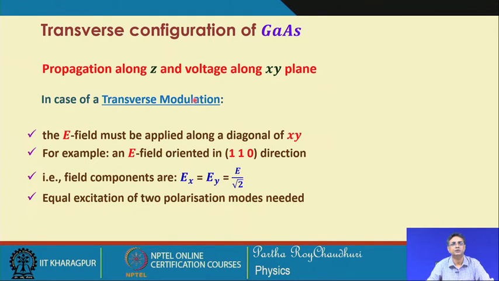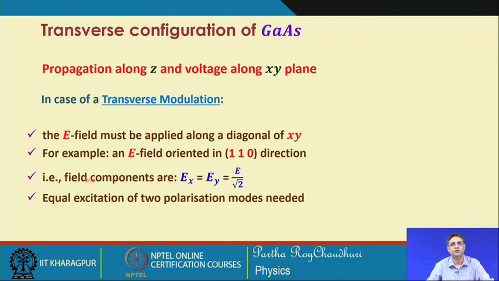In the case of transverse modulation, the electric field must be applied along a diagonal of xy, in the old coordinate system x and y. So, along this line you have to apply a voltage. We can represent this electric field as the 110 direction.